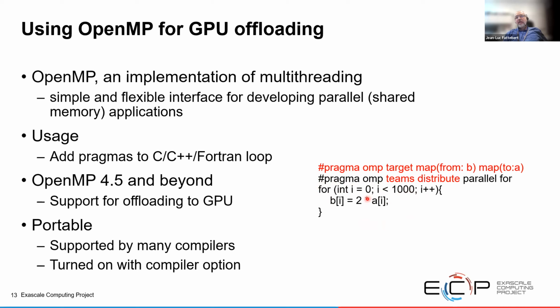And in red are the additional things you would do on a GPU to offload. So it includes mapping your data from the CPU to the GPU and mapping the result back to the CPU. This is available starting with OpenMP 4.5. And the advantage of using OpenMP is that it's supported by many compilers. You don't need to link with another library, and in principle, it should work on any hardware.